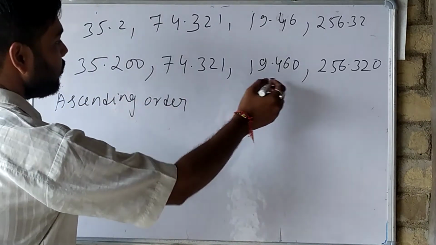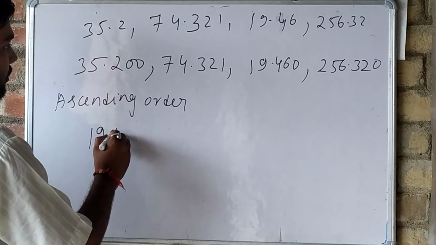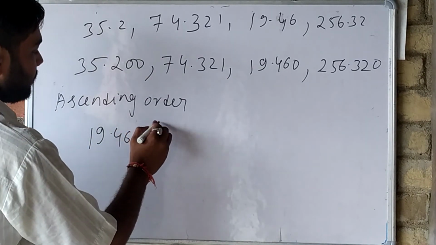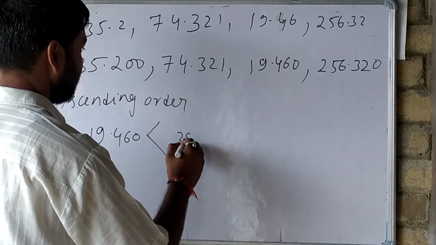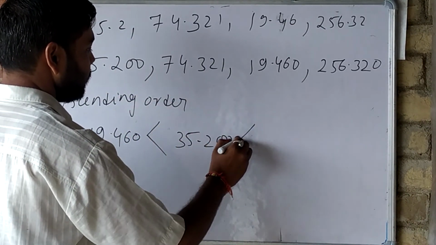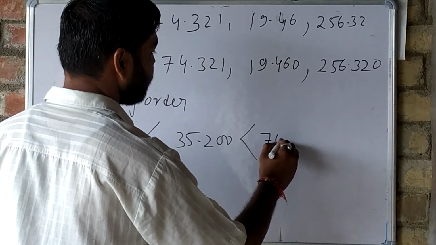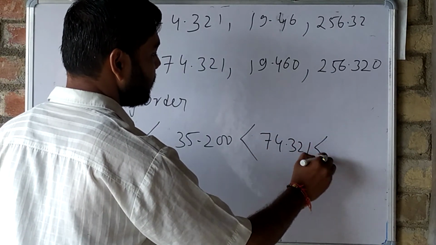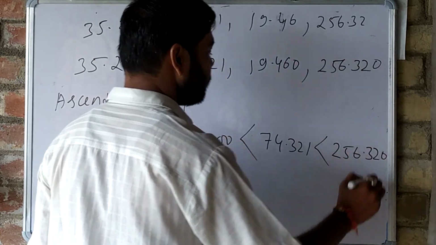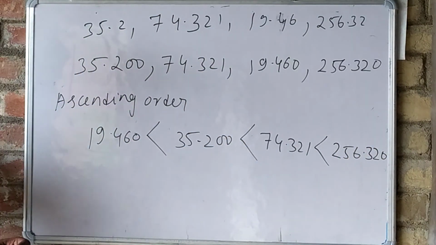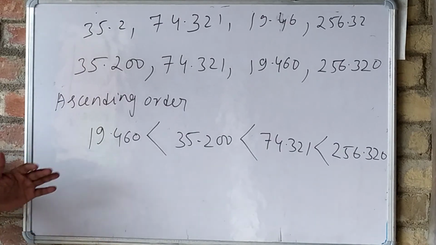Which value is smallest? 19.460 is smaller than 35.200, which is smaller than 74.321, which is smaller than 256.320. This is the way of arranging the values in ascending order.